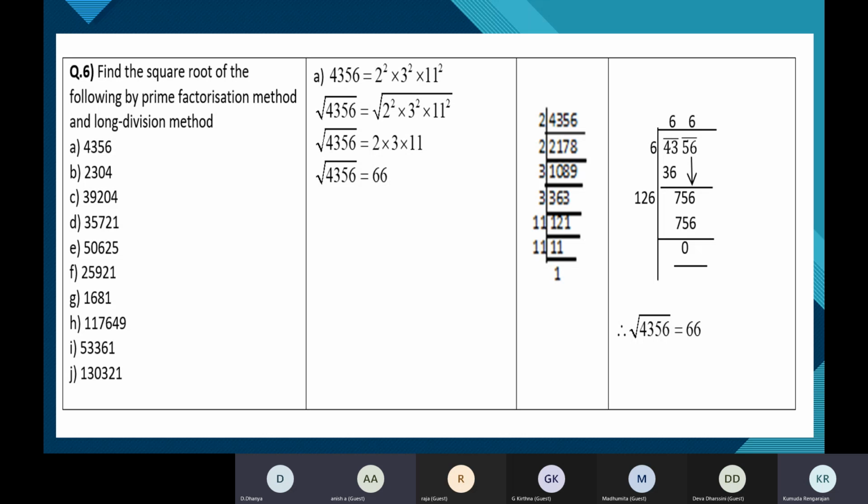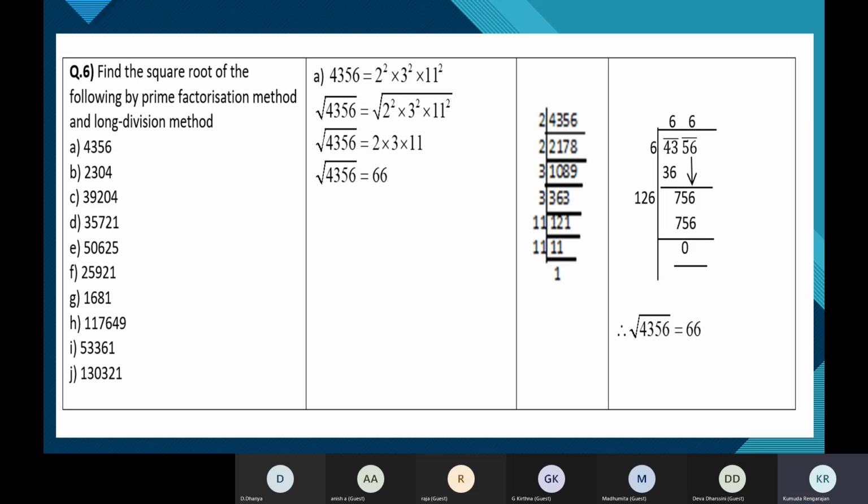G? 341. 341, correct. H? 343. 343, correct. I? 231. 231, correct. J? 361. 361, perfect.